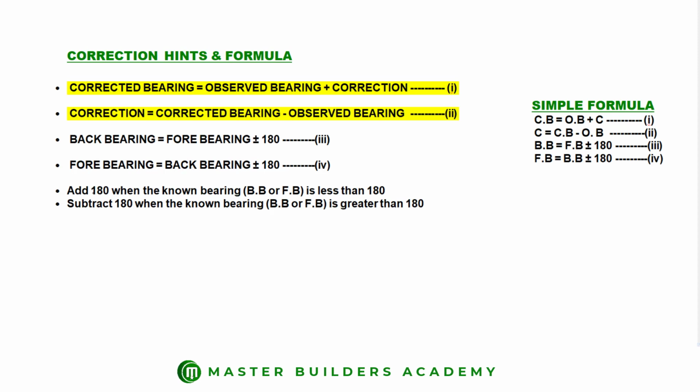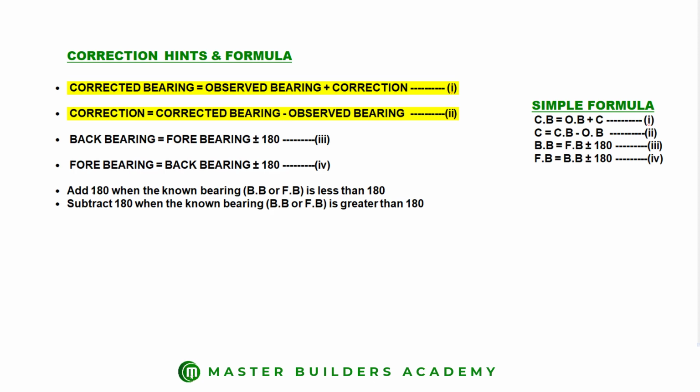And I will tell you the condition for which you add or subtract. Again, if it is back bearing that you know and you want to find the forebearing, which gives us equation 4, we have forebearing is equal to back bearing plus or minus 180. In this equation 4, back bearing is known, but the forebearing is not known. And understand that the forebearings here are the corrected bearings.